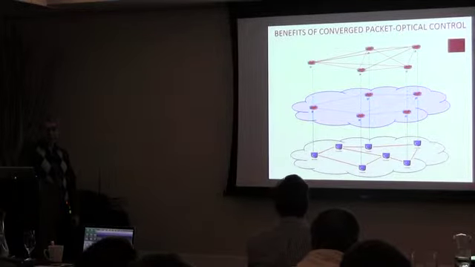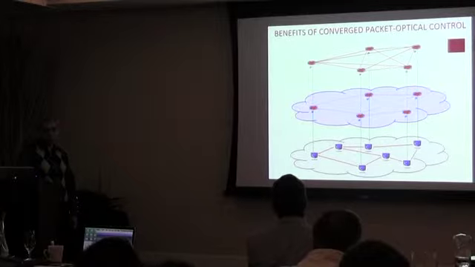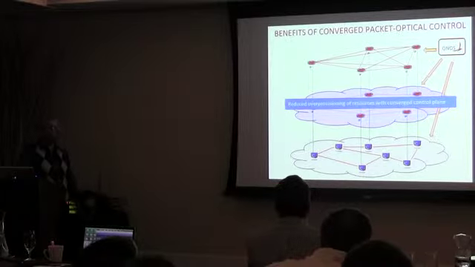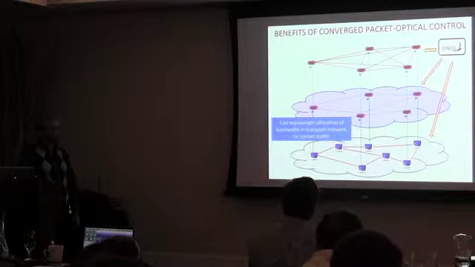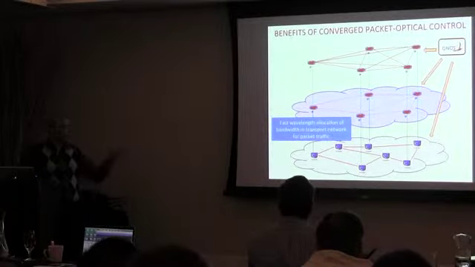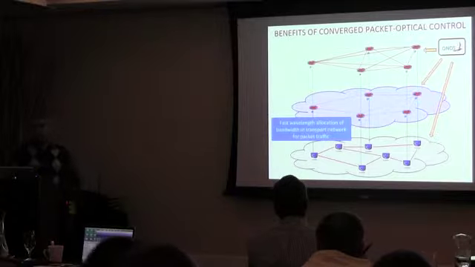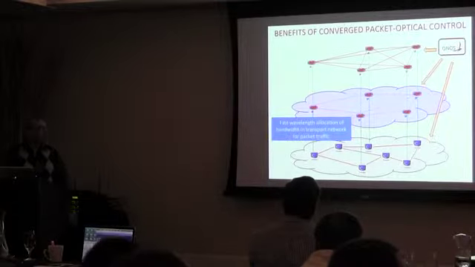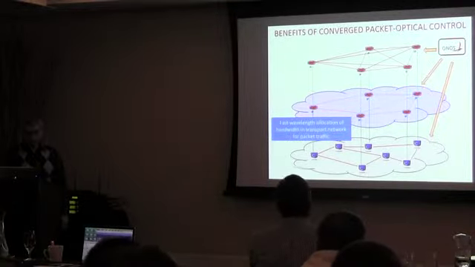We wanted to show the benefits of converged packet and optical control networks, and with that, reduce the over-provisioning of resources. That's what we are hopefully going to demo to you. We wanted to have fast allocation of bandwidth, showing on-demand ability either when a reroute is required because of failures, or when a customer requests on-demand capacity.